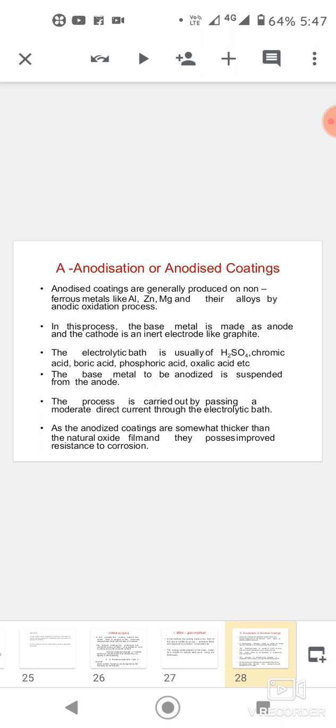The electrolyte bath is usually of H2SO4, chromic acid, boric acid, phosphoric acid, oxalic acid, etc. The base metal to be anodized is suspended from the anode.